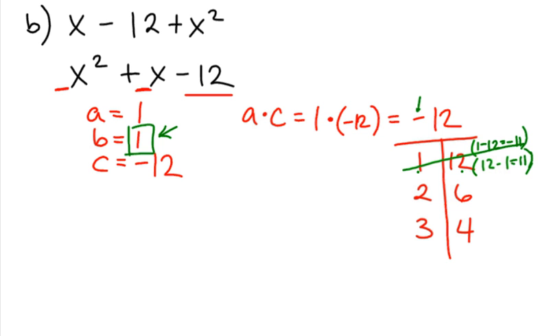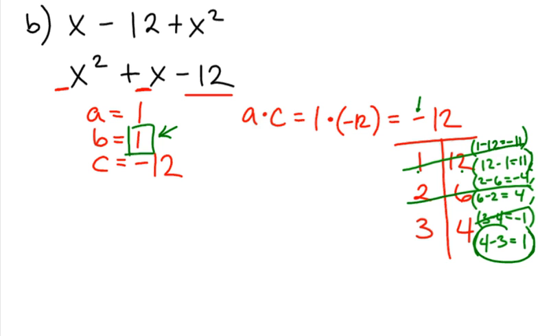So then I go to my next set, 2 and 6. 2 minus 6 is negative 4. Then 6 minus 2 is positive 4. Neither of those work. So I'm looking for 1. So then finally I have 3 minus 4 is negative 1. There's 1. But to get my answer that I really want, which is positive 1, you have 4 minus 3.